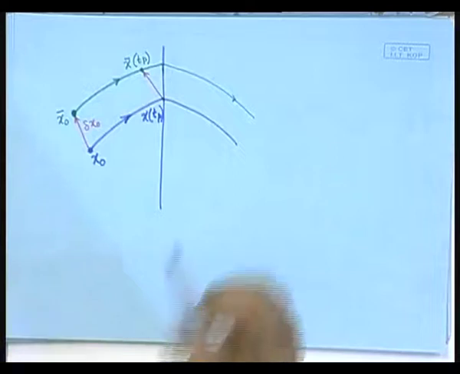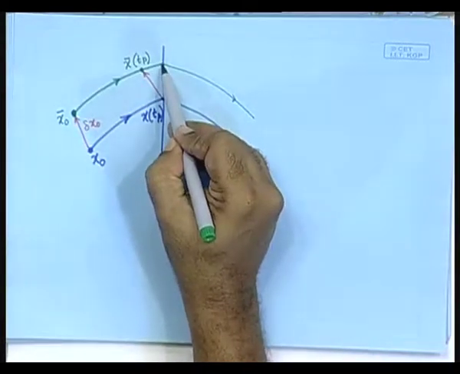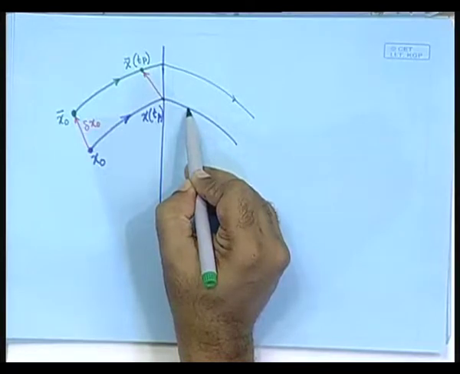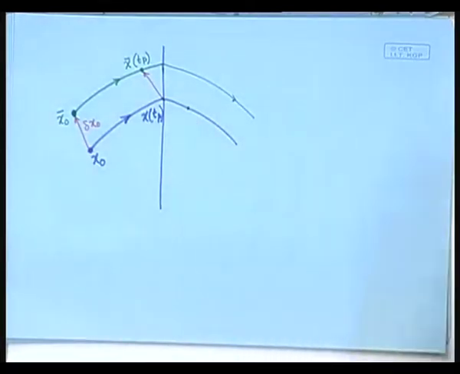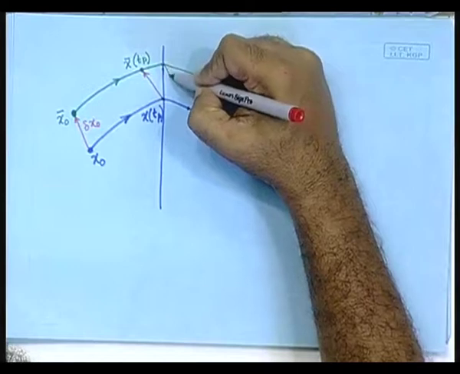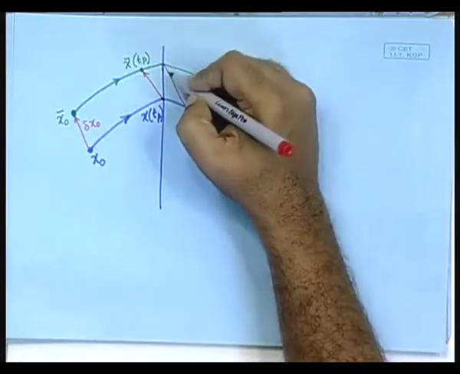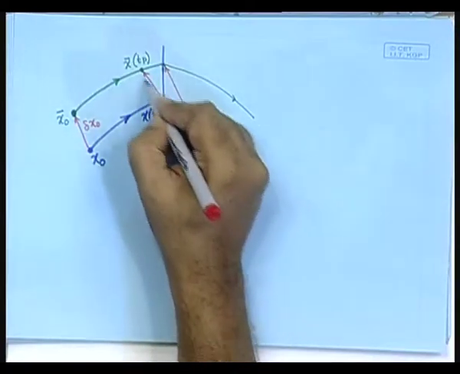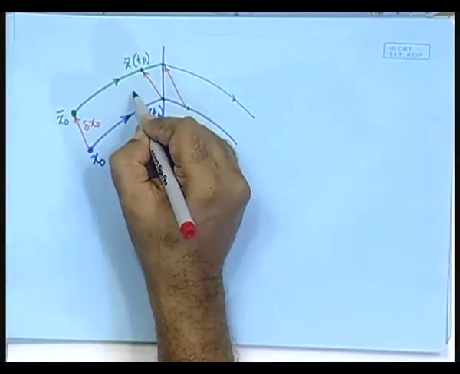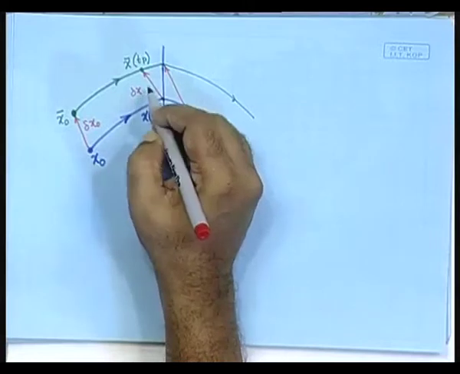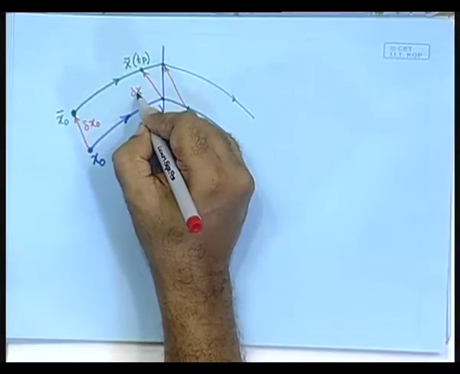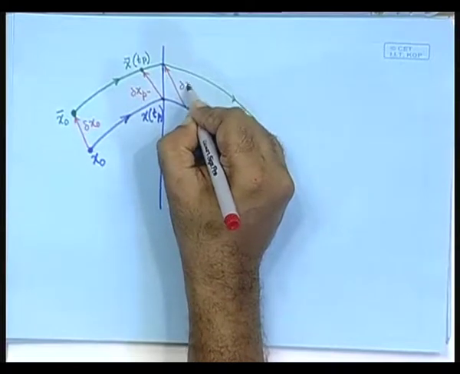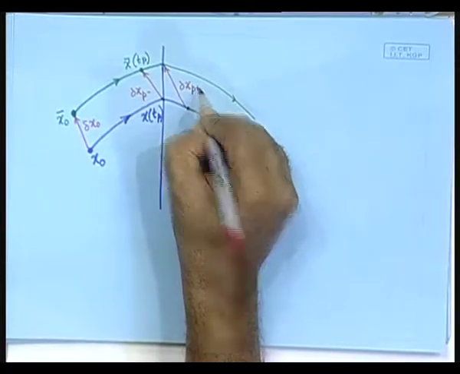Okay. When it reaches the switching manifold, this one has already crossed and has come to some distance, say here. So, at that point you can draw the perturbation. Now, this perturbation here is delta x, we will call it p minus, and this perturbation we will call delta x p plus.